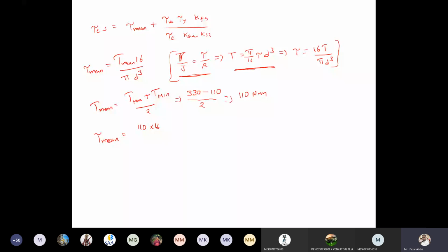Calculate it, tell me the value in terms of d cube, megapascal. Mean shear stress. Okay, tell me the value.